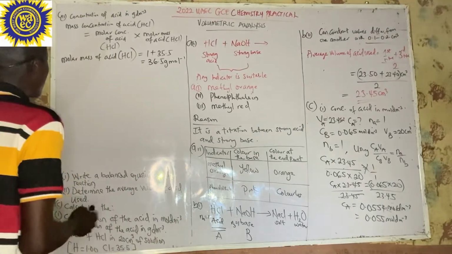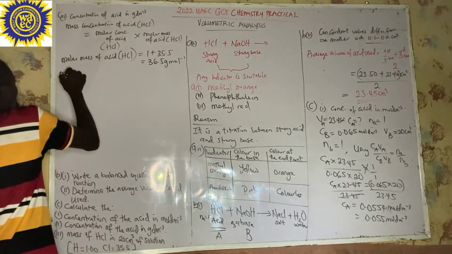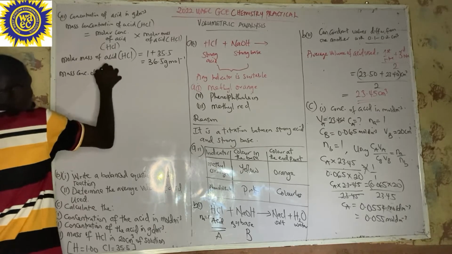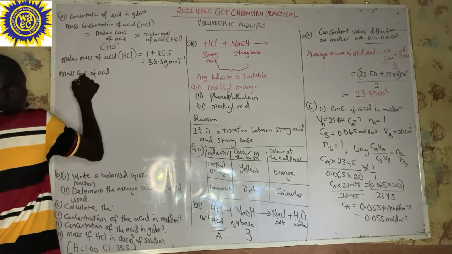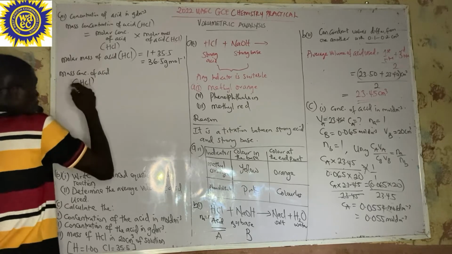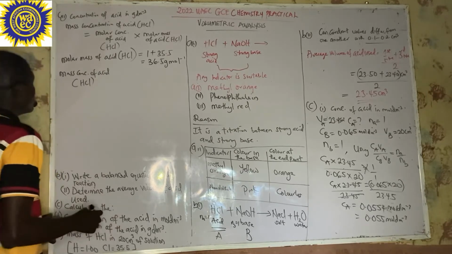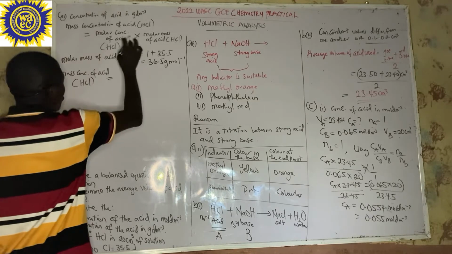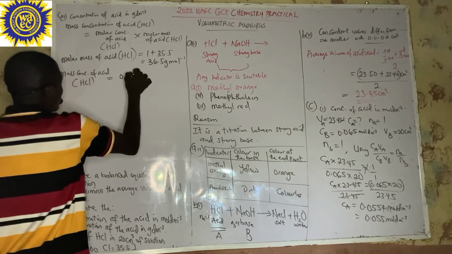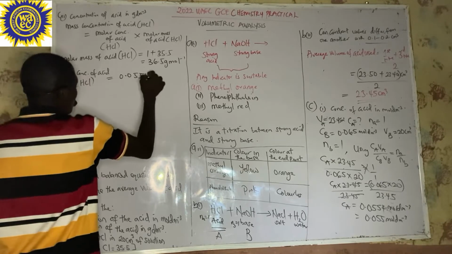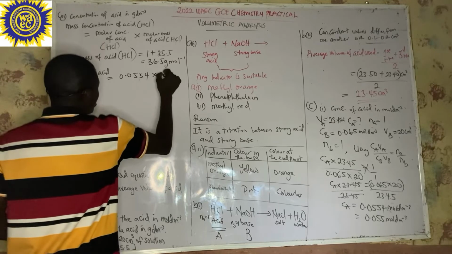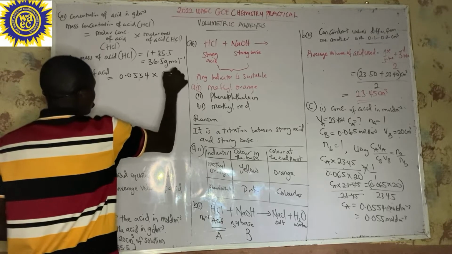So with that, you can also say the mass concentration of the acid. The mass concentration of the acid, HCl, is equal to the molar concentration, which is 0.0554, multiplied by 36.5.